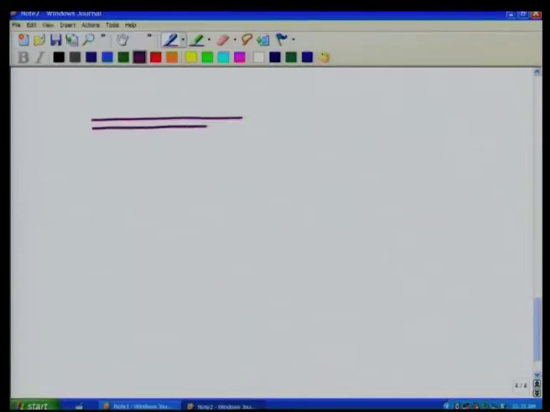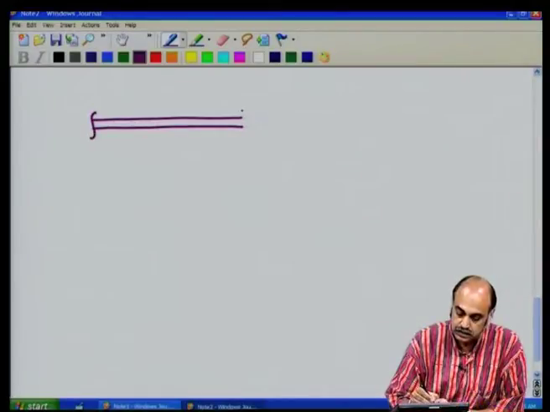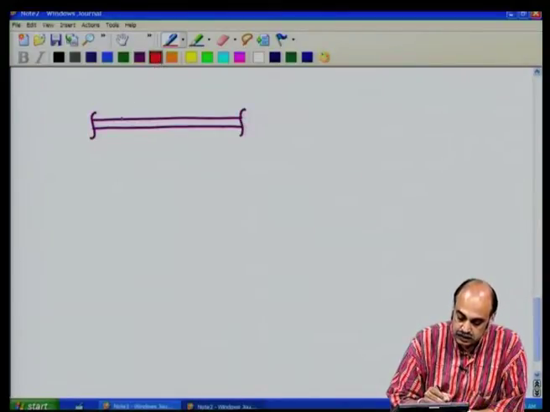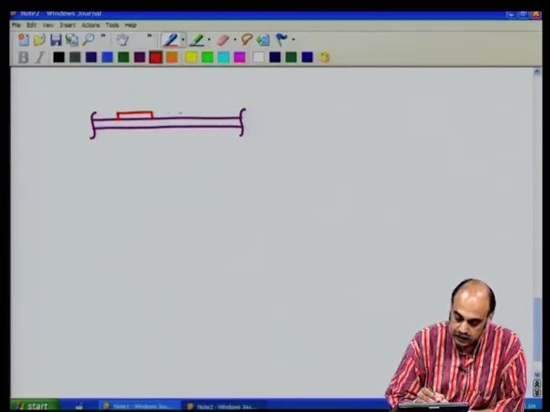Now, coming to the other problem of trying to estimate the capacitance between adjacent tracks. This is slightly more tricky.